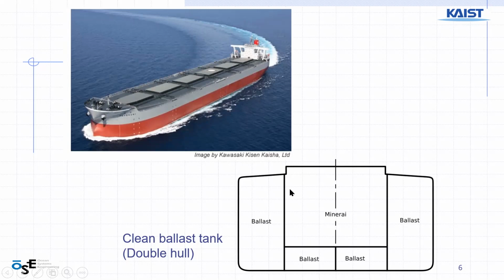So we can say this is double skin. And the main central part is a cargo room, and there is a mineral. Mineral means this ship can carry ore, an ore carrier or coal carrier.